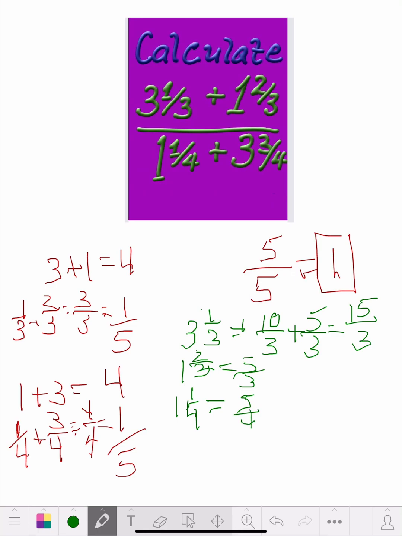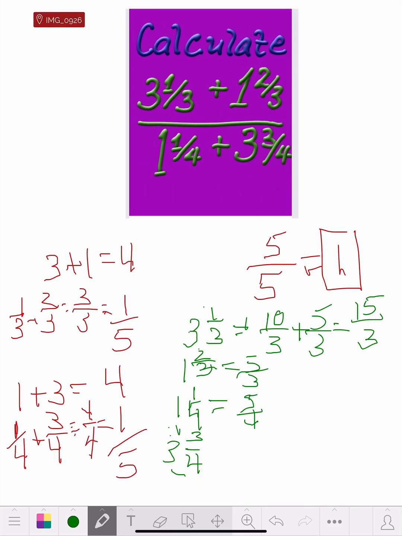Now we write 3 3/4. So 4 times 3 is 12, plus 3. Remember, you multiply that and you add that. So we get 15/4. We add these together, 5/4 plus 15/4 equals 20/4.